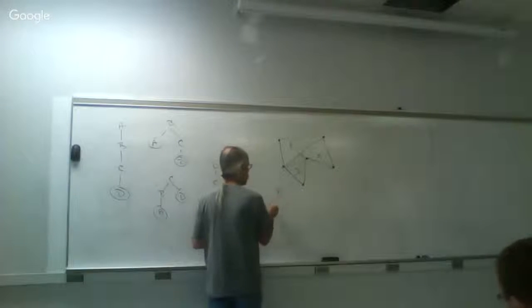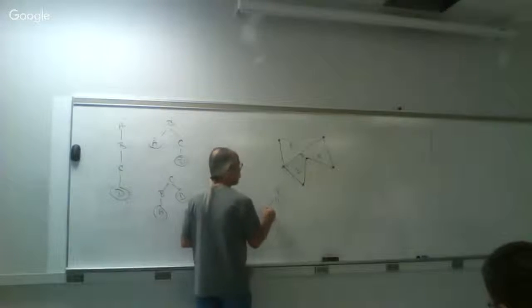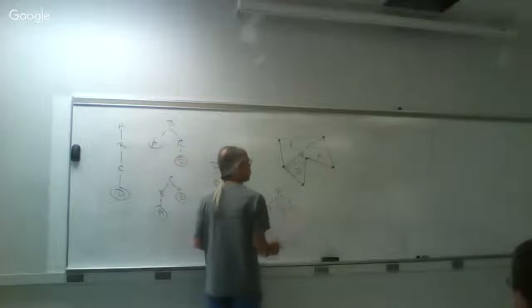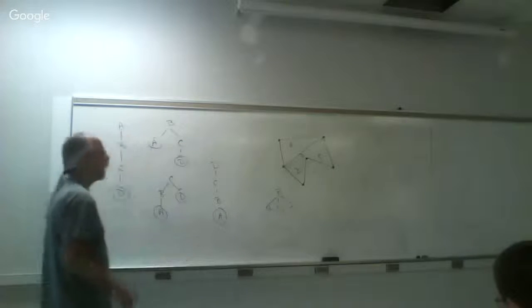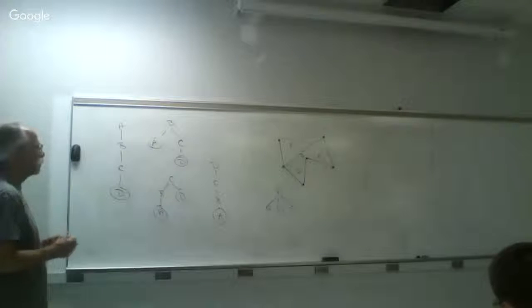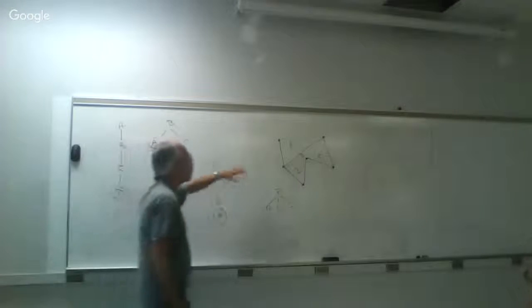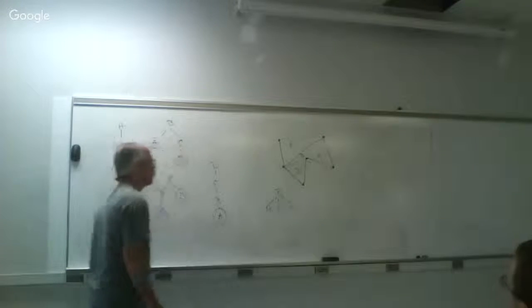In this particular graph, B is adjacent to A, D, and C, and you can draw the dual graph however you want from the triangulated polygon, and you'll always wind up with B linked to 3 other nodes.